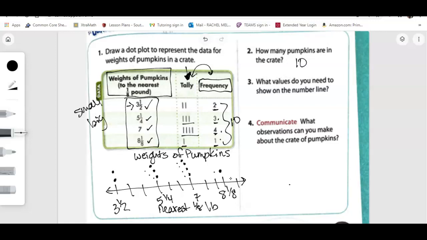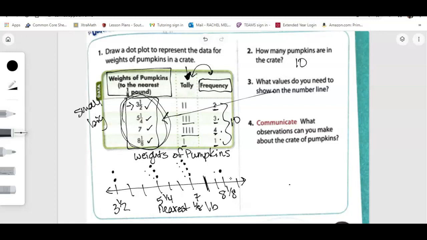When I'm doing a dot plot, if there's not a dot, a lot of times I can just leave it blank. It's okay to put a tick mark right here when there's not a dot. But usually, especially if there are only a few, like this one only had 4, we put those 4 and we don't put anything in between. So I'm just going to put an arrow right there.